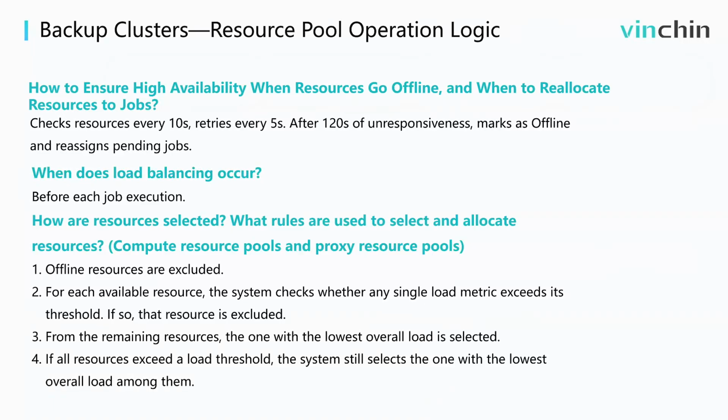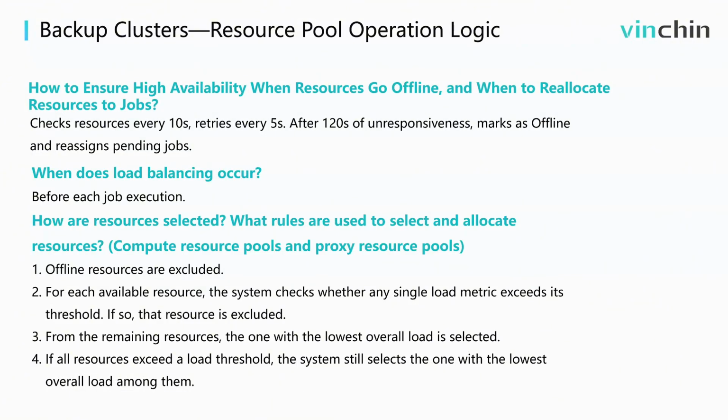It checks resources every 10 seconds, retries every 5 seconds, and after 120 seconds of the job failed or offline, it will reassign the pending jobs, assigning the new resources. And when does the load balancing occur? It occurs before each job execution.